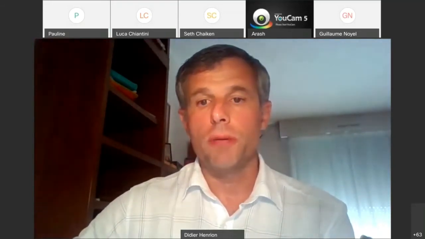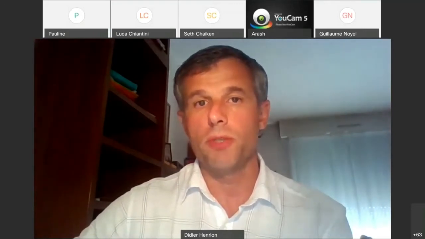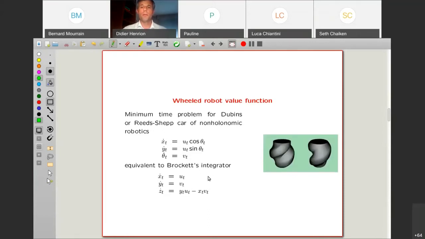The value function can be complicated, and since finding the value function amounts to solving the optimal control problem, this could be a challenge. So it's the problem of a wheeled robot. Actually, it's the problem of parking a robot where the driving wheels are only at the front of the car, like a normal car, and you try to park it.